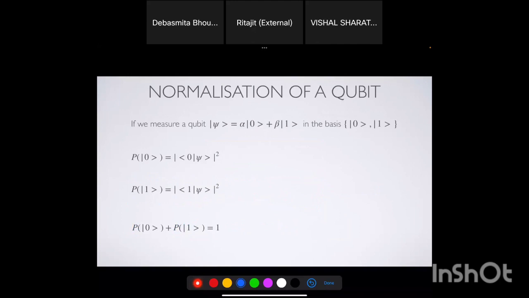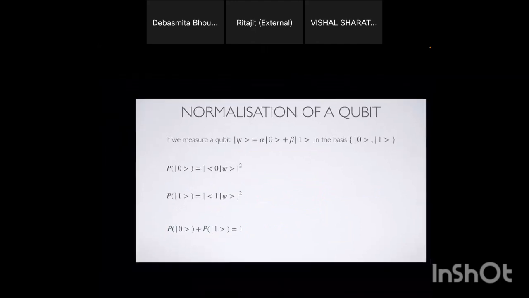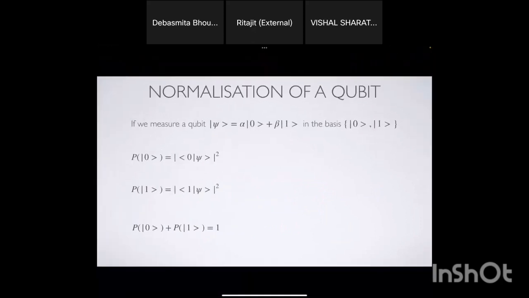We will see one more example. Let's take the most generalized state, alpha |0⟩ plus beta |1⟩. What is the probability of getting outcome 0 if we measure again in the |0⟩, |1⟩ basis?